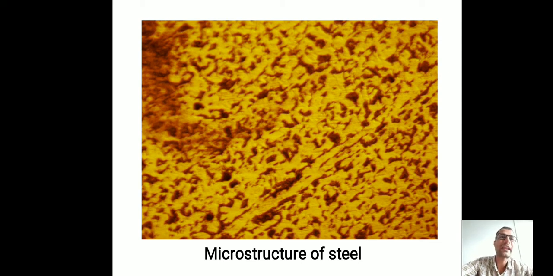We can say dark and bright. Dark means black, bright means that yellowish shade. So related to steel, this dark and bright pattern defines different phases, and according to these different phases we can analyze the properties of steel, means physical and mechanical properties. Clear?